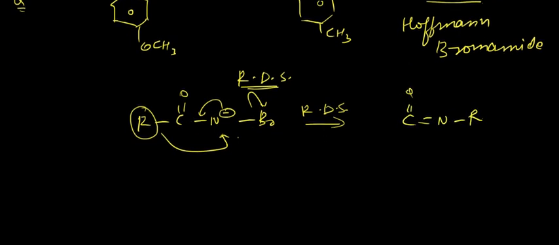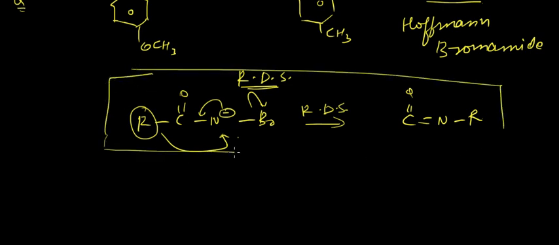If you look closely, this is the RDS step. So based on this only the rate of reaction will be determined, because the RDS step is determining the rate of reaction, and this is the step which requires the maximum activation energy. Hence this determines the rate of reaction from the overall mechanism. From the various steps of the mechanism, this is the most important step.